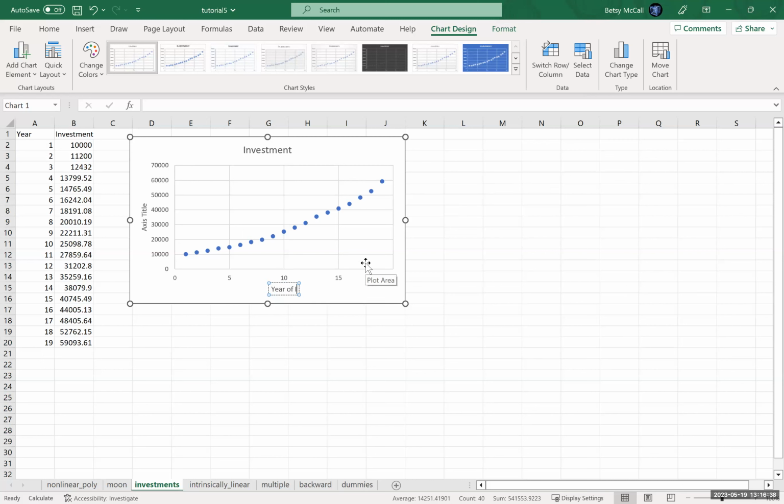Year of investment. And amount in. All right, so here's our graph. We can see this isn't a straight line.